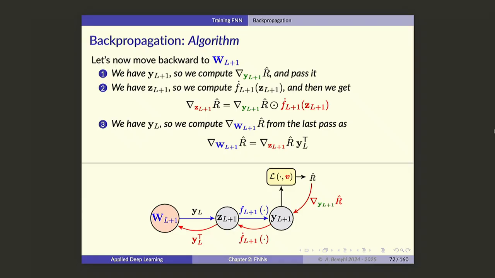But if after a few days you forgot it, is it still OK? You know that this is going to be proportional to yl. The only thing is how can I multiply it? Well, it should be a multiplication which keeps the dimension right. So I am going to get this gradient with respect to wl plus 1 simply by multiplying these different gradients.